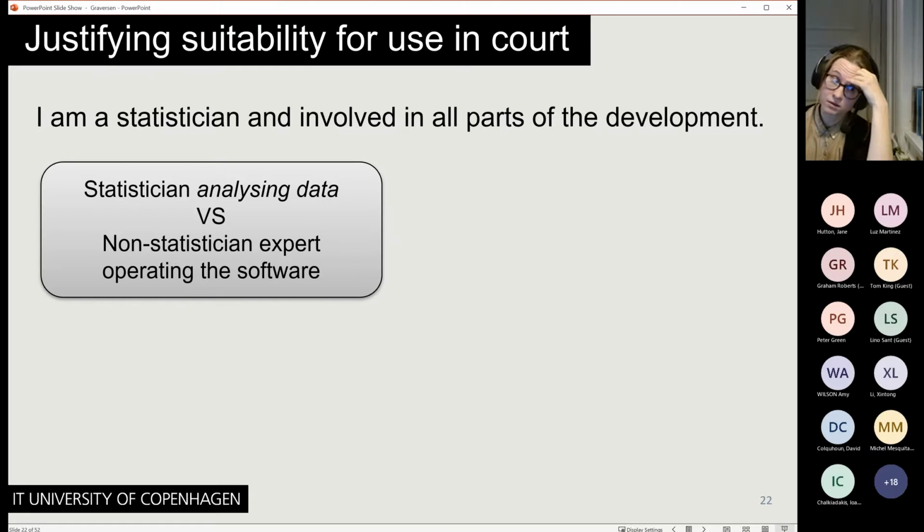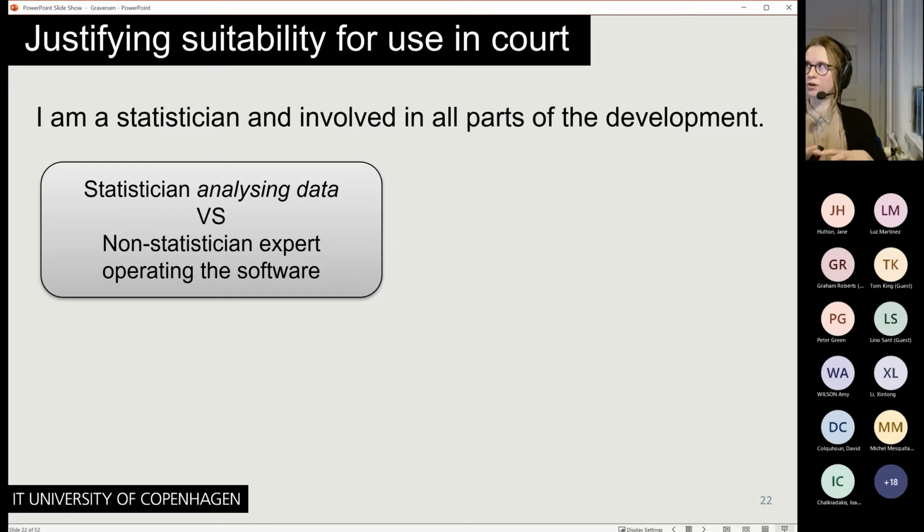And there's a big difference in the idea of a statistician looking at data, analyzing it, and then something that is intended for a non-statistician expert to produce a piece of evidence using this software.